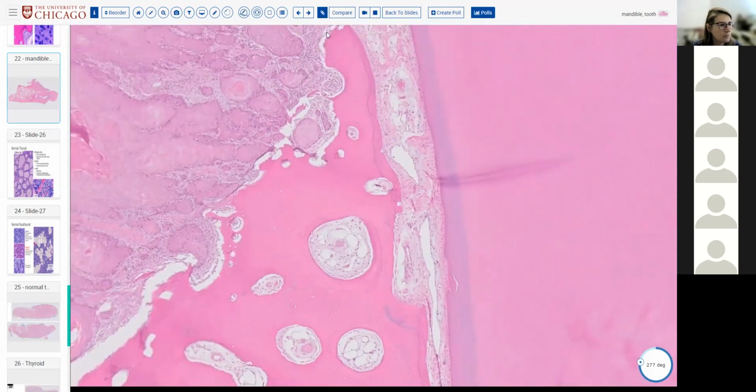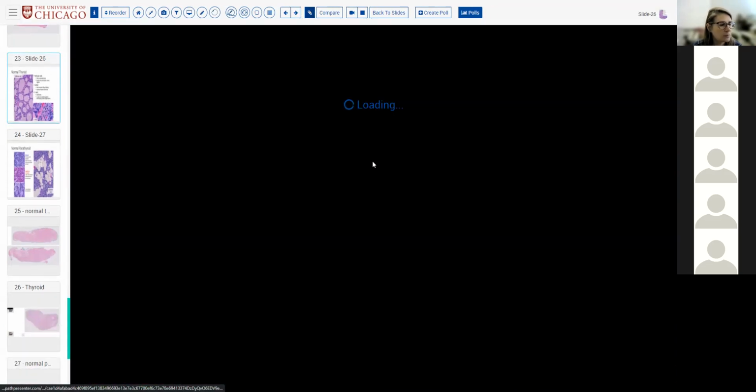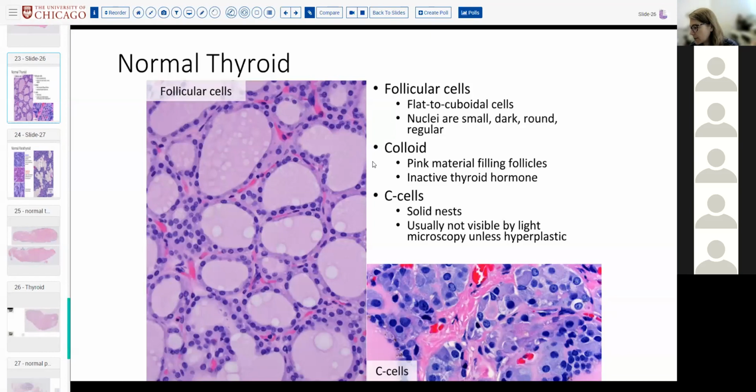Okay, cool. All right, thyroid in the last couple of minutes. So remember that thyroid is composed of essentially two types of cells: the follicular cells that produce thyroid hormone, right, and the C cells that produce calcitonin.